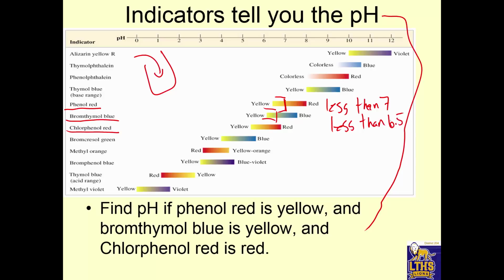And if chlorophenol red is red, this is about the splitting point, that means it's more than 6. So what's the pH of it? Between 6.0 and 6.5.